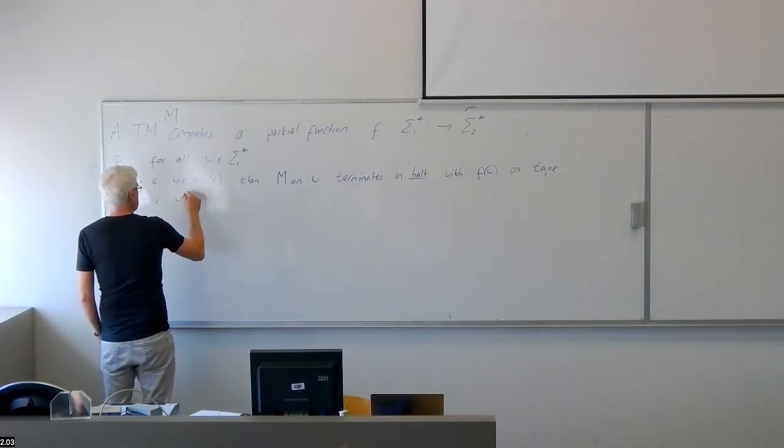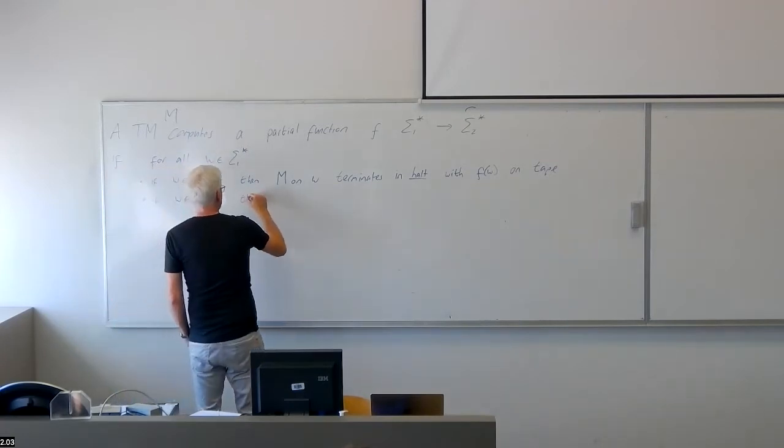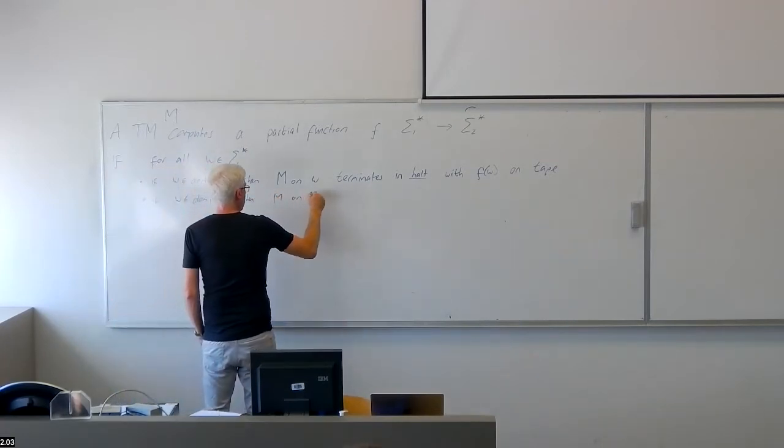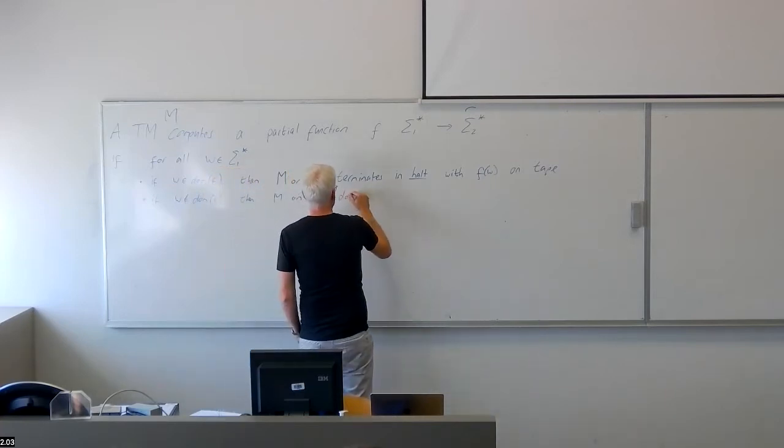And if the word is not in the domain of f, then M on W, meaning if we execute the Turing machine M on the input word W, does not terminate in the hold state.